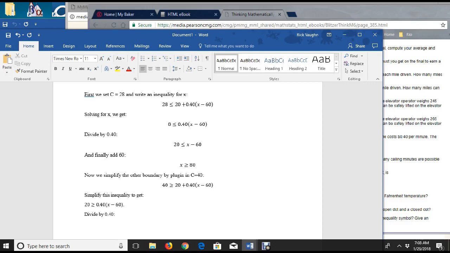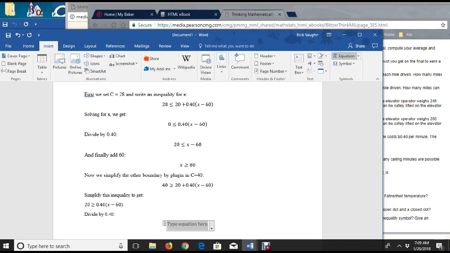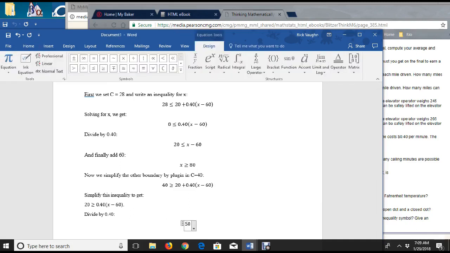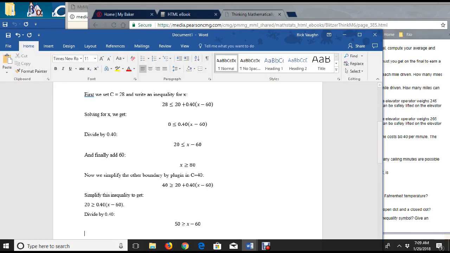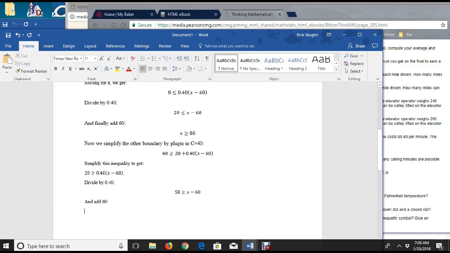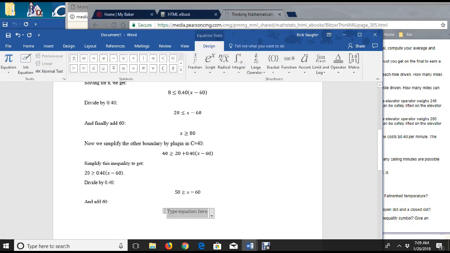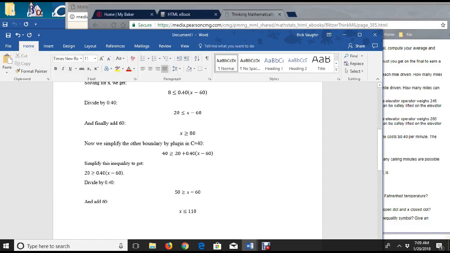So 20 divided by 0.40 is 50. And add 60. Get x, so we'll turn this around, less than or equal to 110. Okay, so now I've solved the problem.